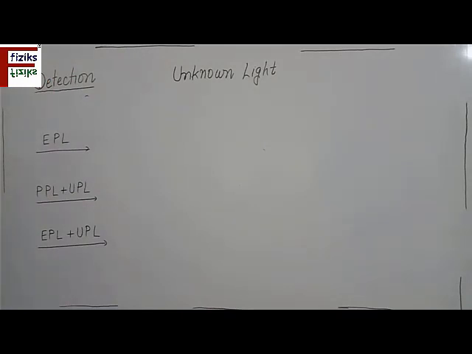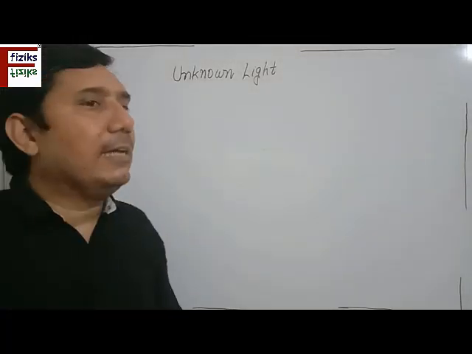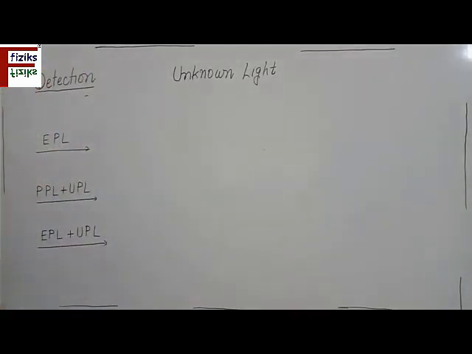If we pass this rectangularly elliptically polarized light through the quarter wave plate, then it will convert into plane polarized light. But the problem is, if this is not rectangularly elliptically polarized light and we pass it through the quarter wave plate, then it will remain elliptically polarized light.